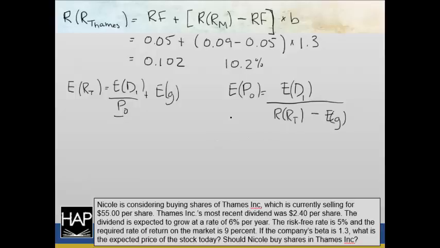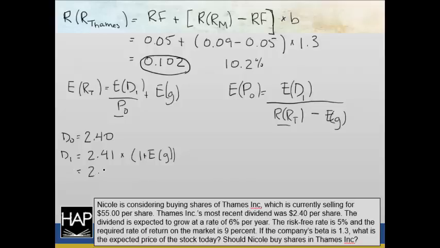In this case, I already have the required rate of return on Thames Inc. because I just calculated that value here. The expected growth rate is 6% and was given in the question. The expected dividend can be calculated using the last dividend payment. Last dividend payment was $2.40. The next dividend payment will be $2.40 multiplied by 1 plus the growth rate, which is 6%.